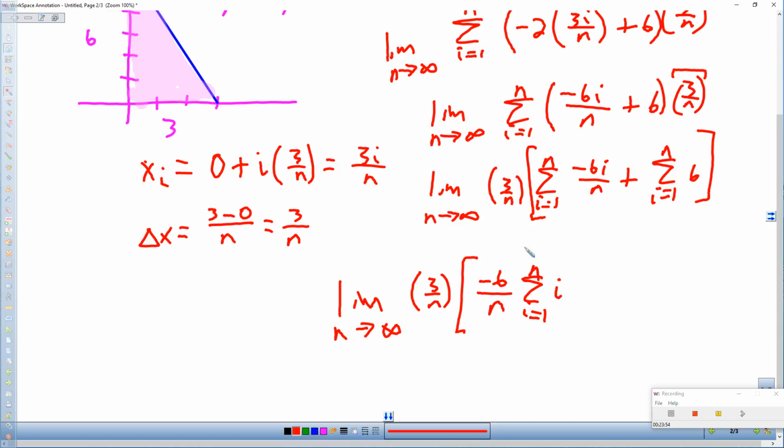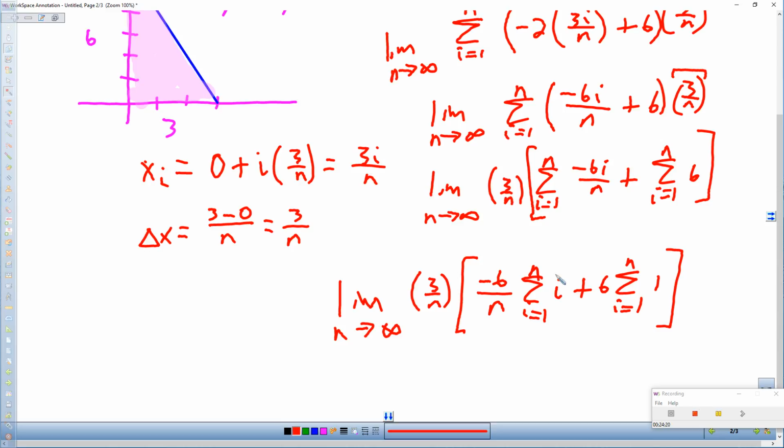It makes the computations easier, though it's not strictly necessary. Plus, next one, sum i equals 1 to n. I'm going to pull the 6 out and leave 1 in.